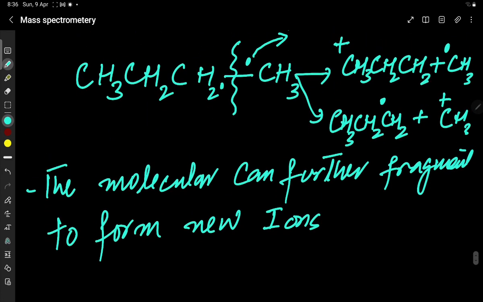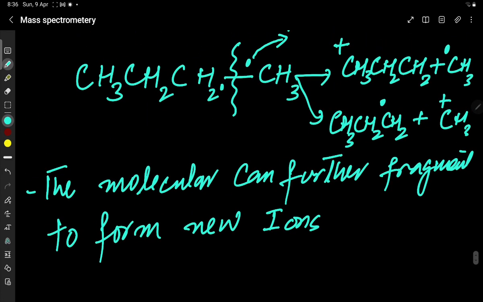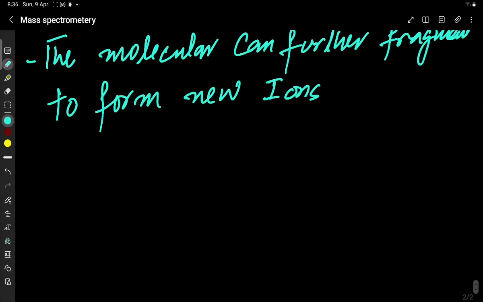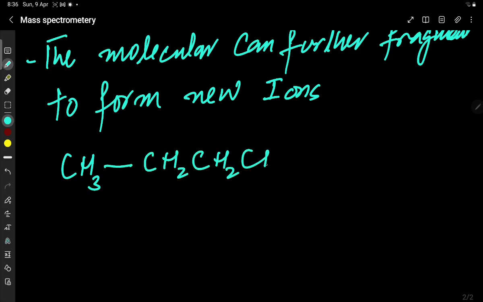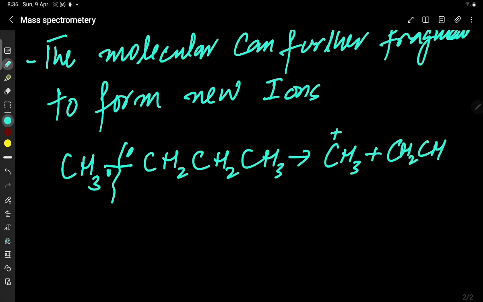For example, in butane we have different possibilities like CH3, CH2, CH2, CH3. This is one possibility: CH3 will be the ion and CH2, CH2, CH3 will be the free radical.